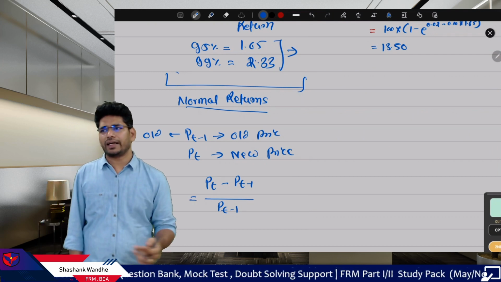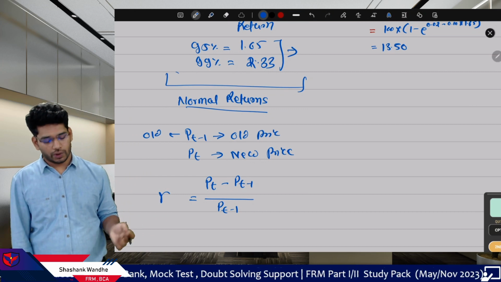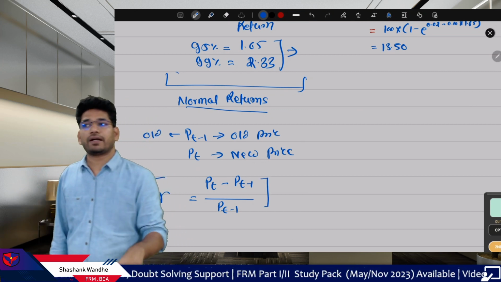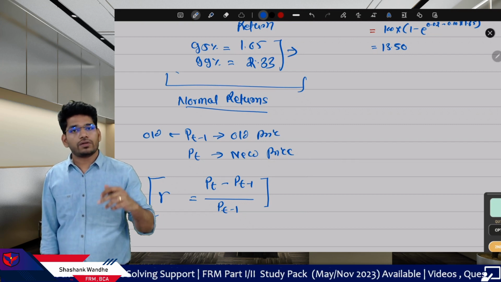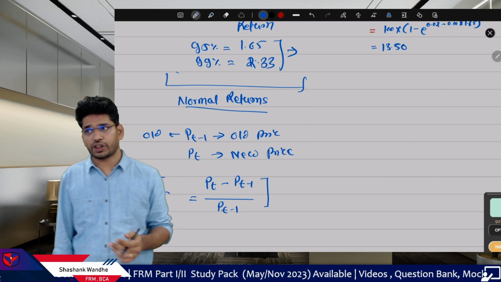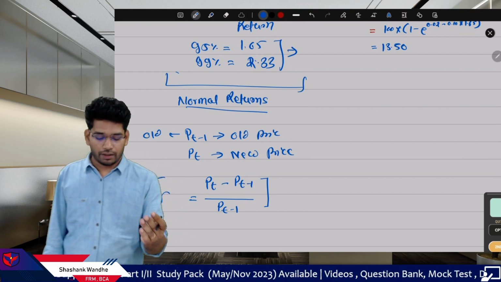It can be daily return, monthly return, and so on. So this is normal return. If you calculate return using this method, then you have to use normal VAR. You need to remember this for the exam as well. In the exam you might get this theory question.